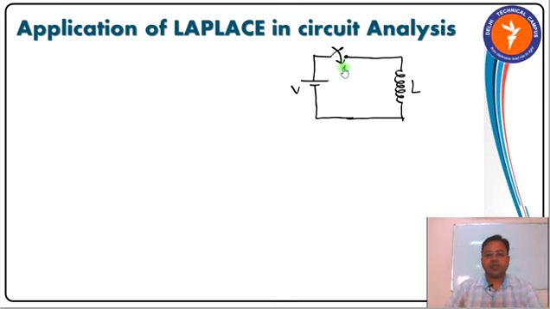The switch is getting closed at t equal to 0. Now after the switch is closed, the circuit will be completed, and there will be a current i(t) flowing into the circuit.